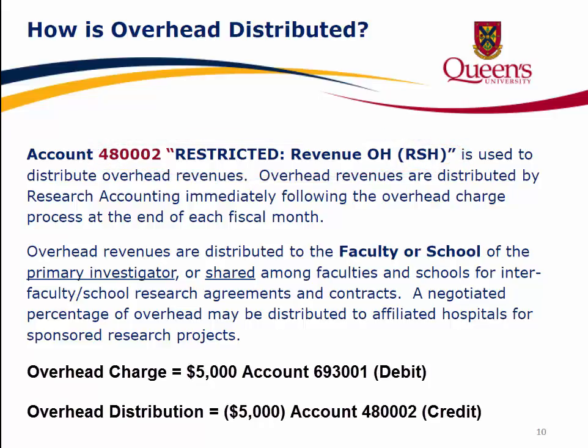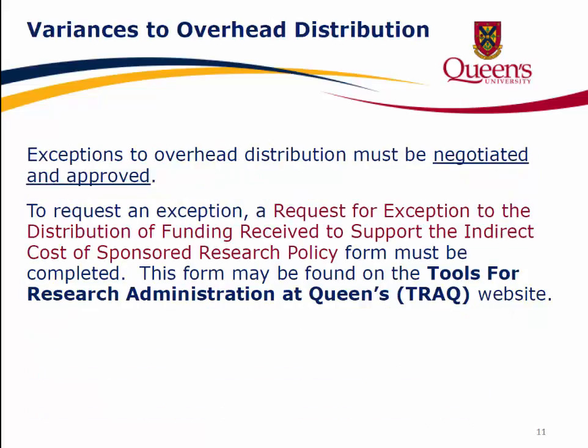Overhead revenue is typically distributed to the faculty or school the principal investigator is affiliated with. In some cases, a negotiated percentage of overhead may also be distributed to the affiliated hospitals. To request an exception to the overhead distribution, an exception form must be completed and approved. This form can be found on the TRAC website.